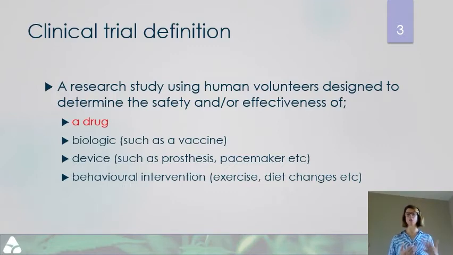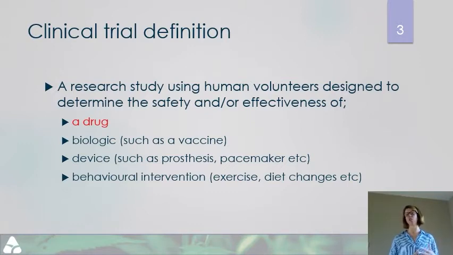Now, most of the studies that we'll be covering are determining the safety and effectiveness of a drug or a medicine, which is cannabis-based medicines or anything that is a cannabinoid-based medicine. But clinical trials also cover other things like vaccines, biologics, devices, that could be prosthesis, but it could also be an inhaler or a vaping device, and things like behavioural interventions.